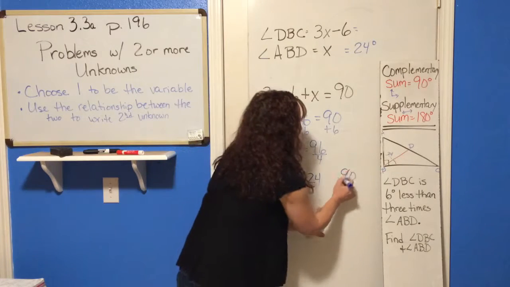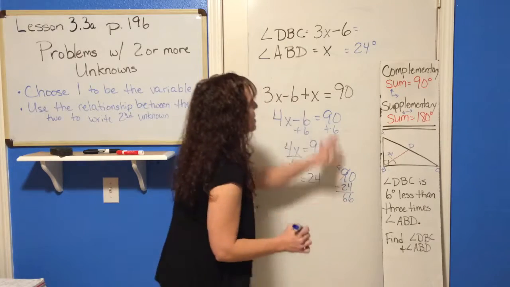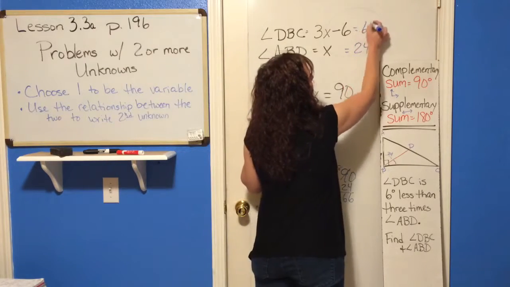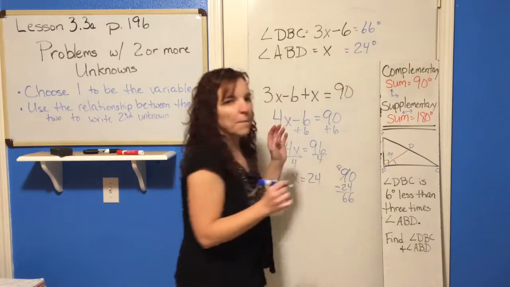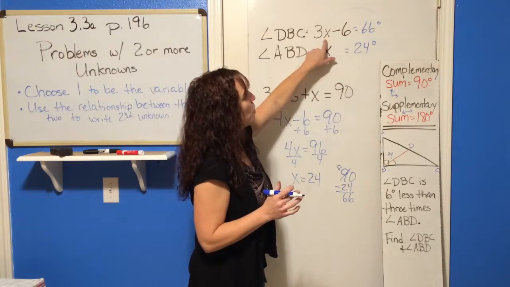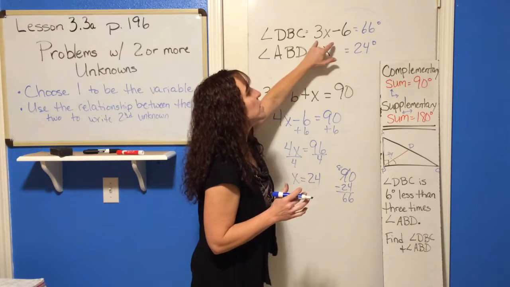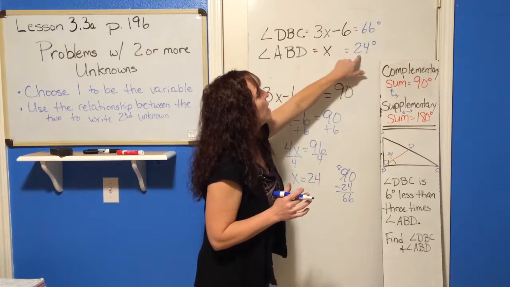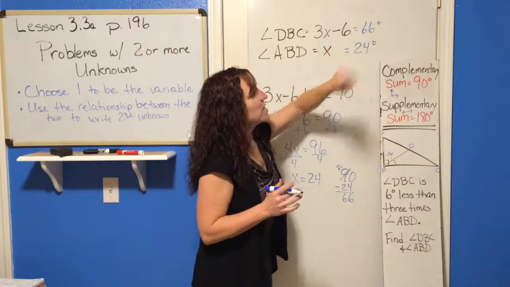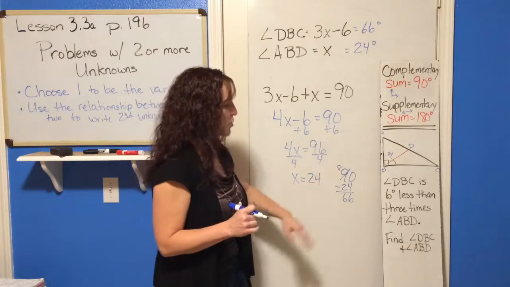So 90 minus 24, so 66 degrees is this first angle. Or you can put x into your expression here. So 24 times 3 would be 72, minus 6 is 66. So it's the same thing. Or you can just subtract from 90.